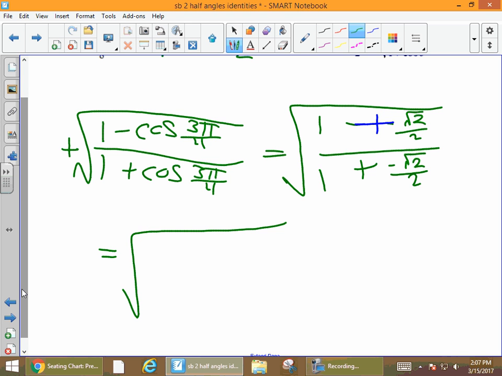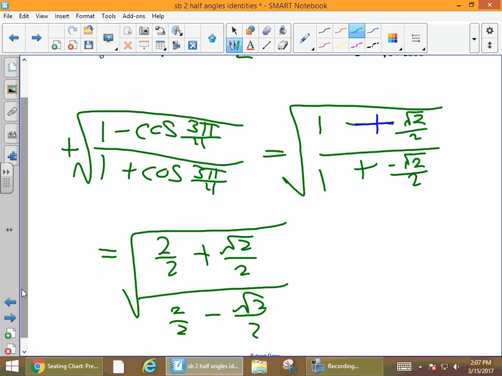So we can change 1 into 2 over 2 plus radical 2 over 2. And likewise, in our denominator, we can change it into 2 over 2 minus radical 2 over 2. The minus is from this being a negative. So when we add a negative, it's the same as subtracting.